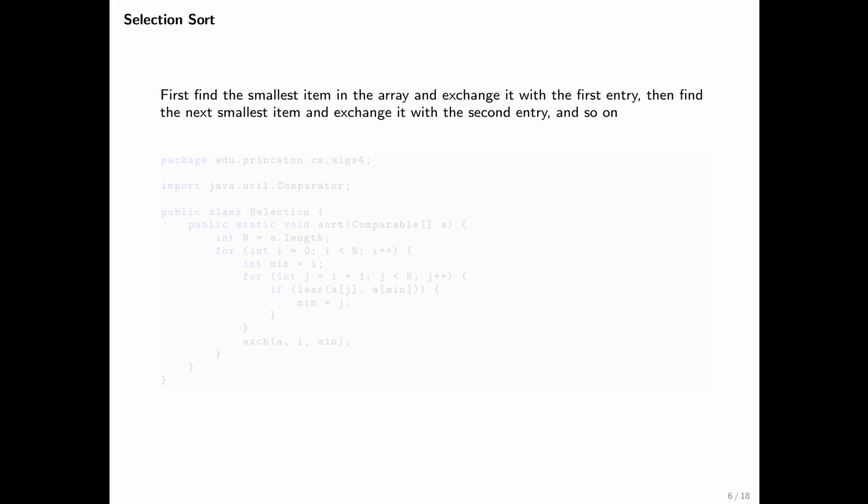So once we do that, the first and the second values in the array are the first two smallest items in the array, and then we repeat the process. We start at the third item, we scan through the array to find the next smallest and exchange that with the third entry, and so on and so on. Okay? So that's basically the gist of selection sort.